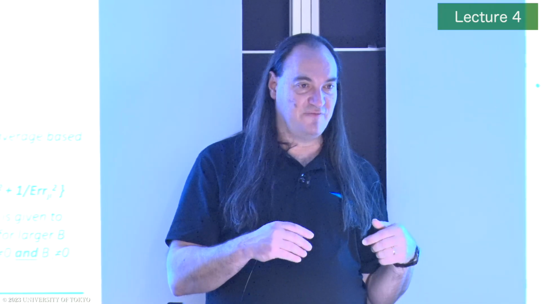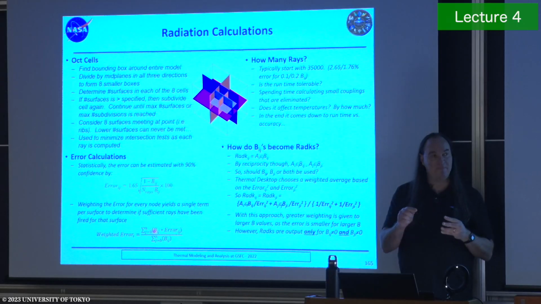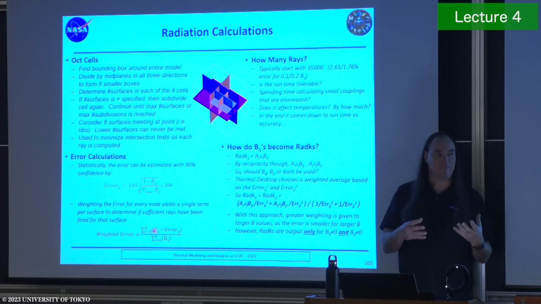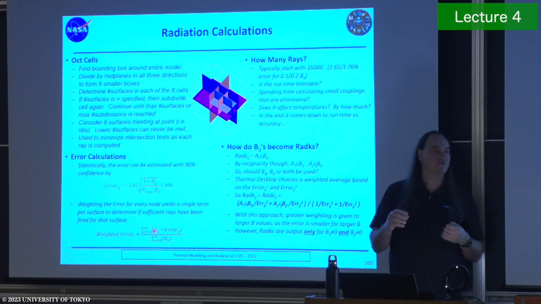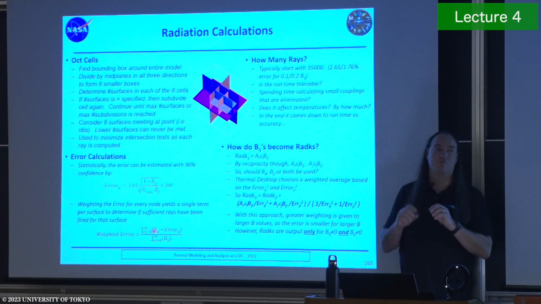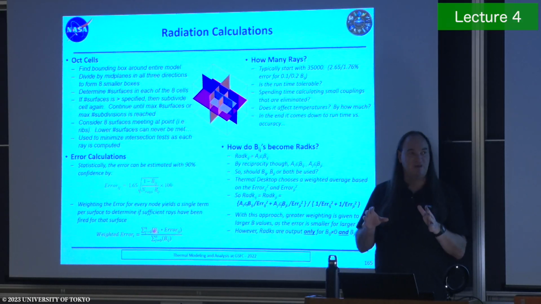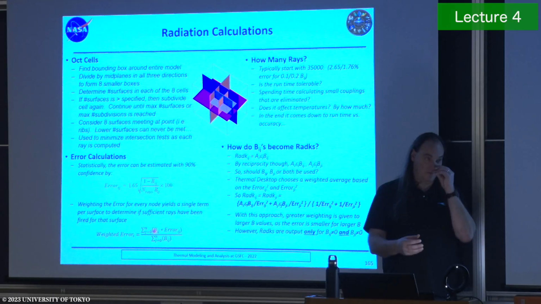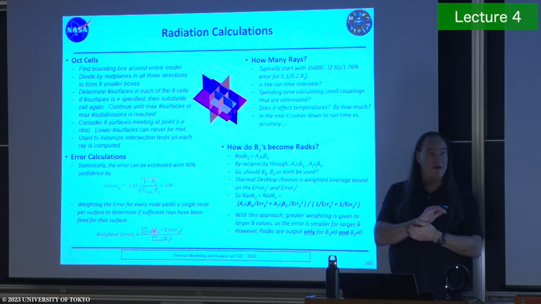So Thermal Desktop is going to fire 5,000 rays, and then it's going to do this error check. And then based on what it has from that first subset of data, it's going to say, okay, I need 20,000 more rays for this surface, and I need 10,000 more rays from that surface. And so it's going to incrementally fire more rays as it needs until it reaches the maximum number of rays, or it meets the error threshold for your weighted error.